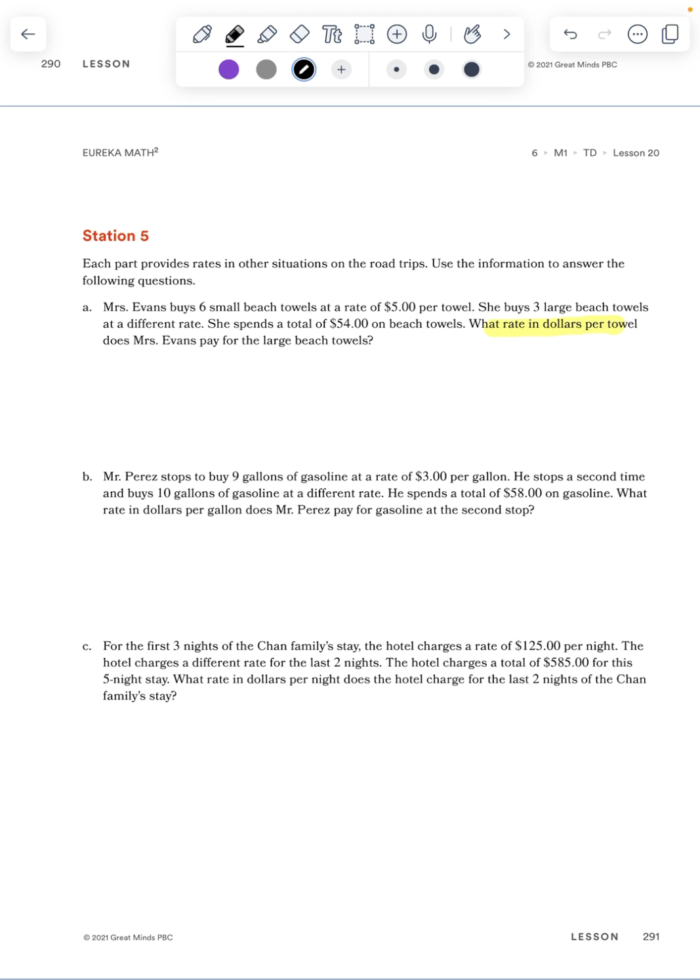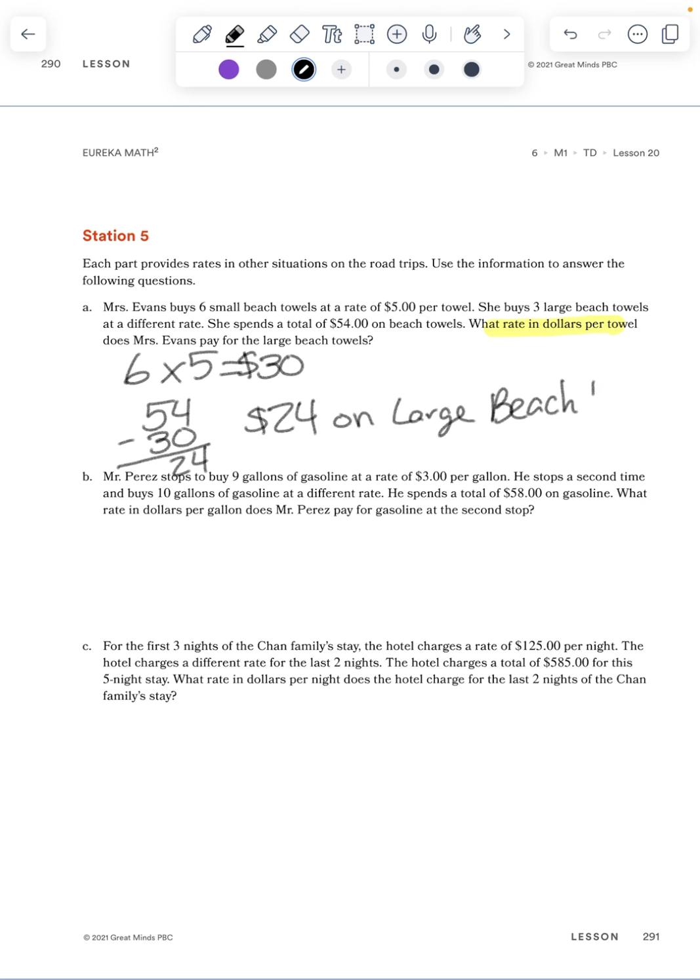All right, so 6 small beach towels, and each one of them costs $5. So she's spending $30 on the small beach towels. Okay, and we know that she spent a total of $54. So $54, and if we subtract the small beach towels, we should get what's left. So this means that she spent $24 on the large beach towels.